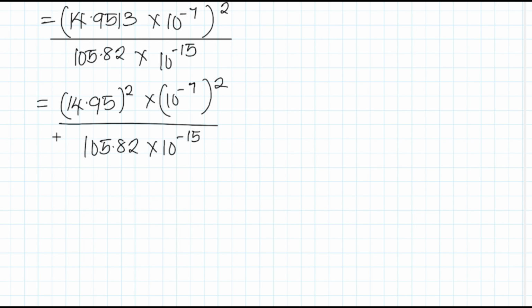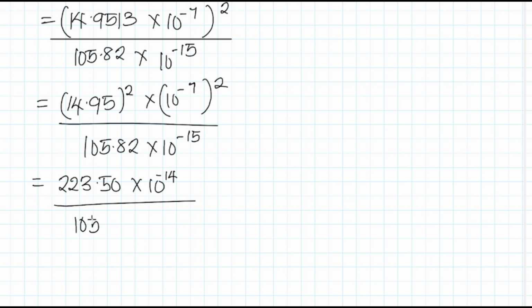You can see I threw the other one away because it is irrelevant. 14.95 squared equals 223.50, multiplied by, using the power law here, minus 7 times 2, that will be minus 14, all over 105.82 multiplied by 10 raised to power minus 15.